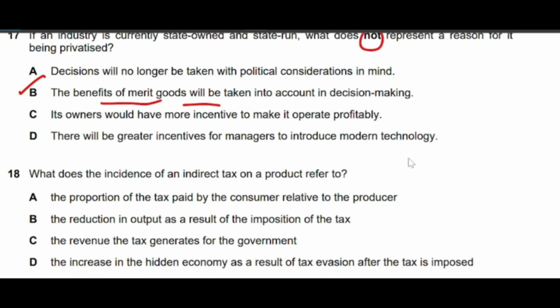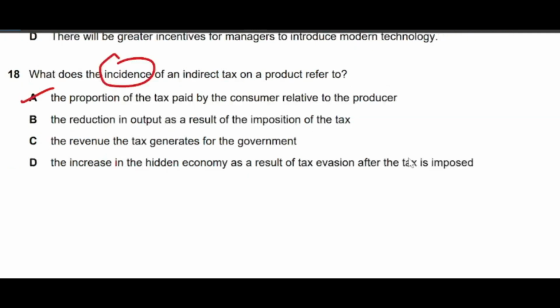Okay, so question number 18 says, what does the incidence of an indirect tax on a product refer to? The correct answer is option A, the proportion of tax paid by the consumers relative to the producers. Incidence of tax basically shows the tax burden or impact of tax on consumers and producers. So option A represents incidence of tax.